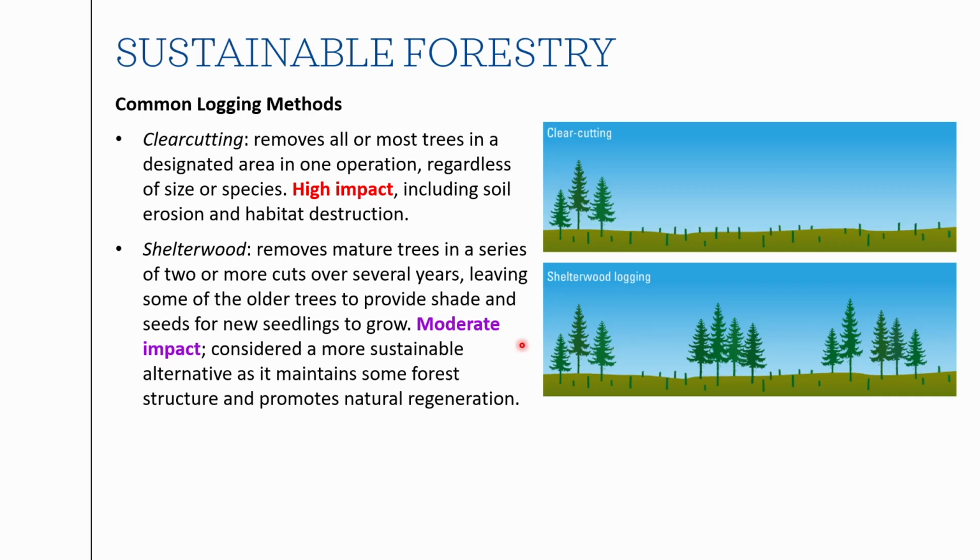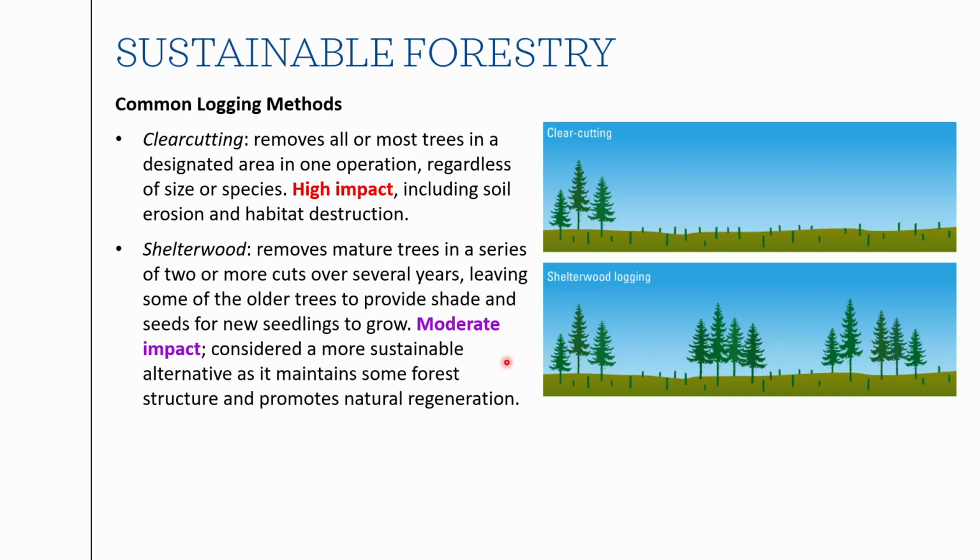So we leave a few mature trees that provide shade, hence the name shelterwood. The shade is important for the fast-growing trees in the understory, because they want to reach the height of the mature trees. That helps in growing trees a little bit faster, and it helps with making them stronger. So we get a better product in the end.